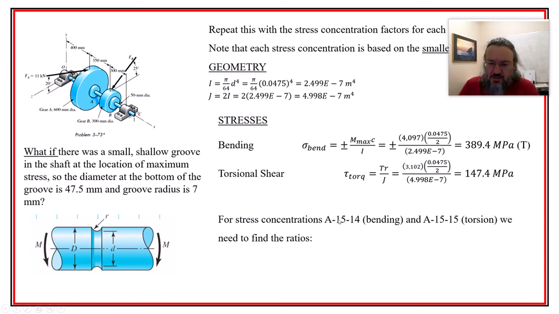Now we want to get the stress concentrations. I look up in table A-15-14 and A-15-15 for these. And here's the diameter and the radius over the diameter that I use. I picked these numbers on purpose, so at least I picked the 47.5, so it would be something easier. I should have probably picked something instead of 7, something to make it 0.15 would have been nice.